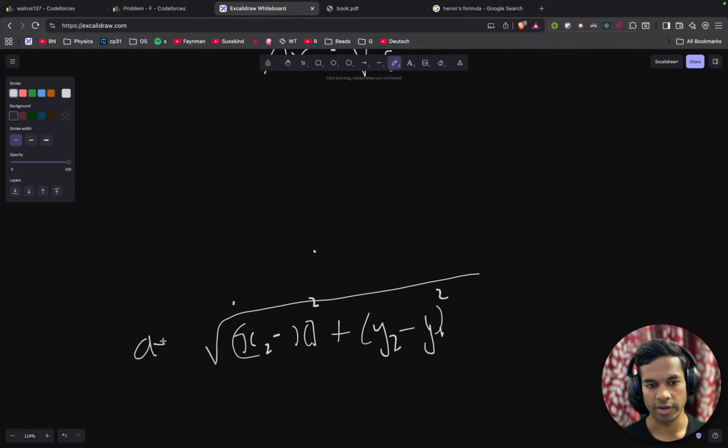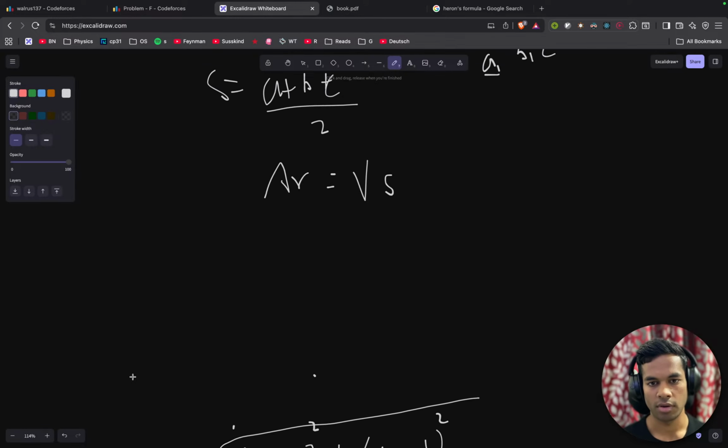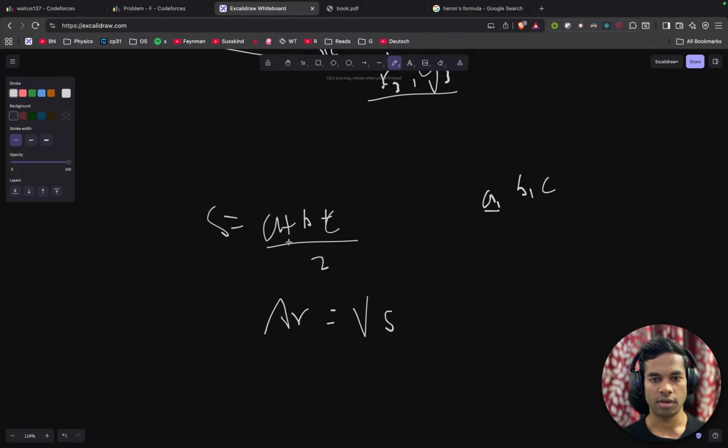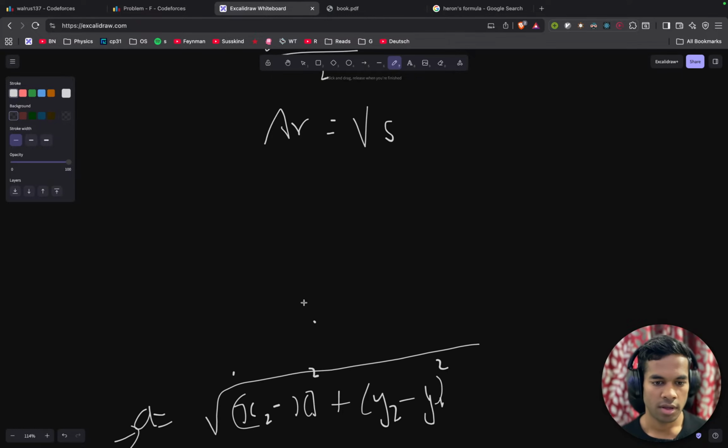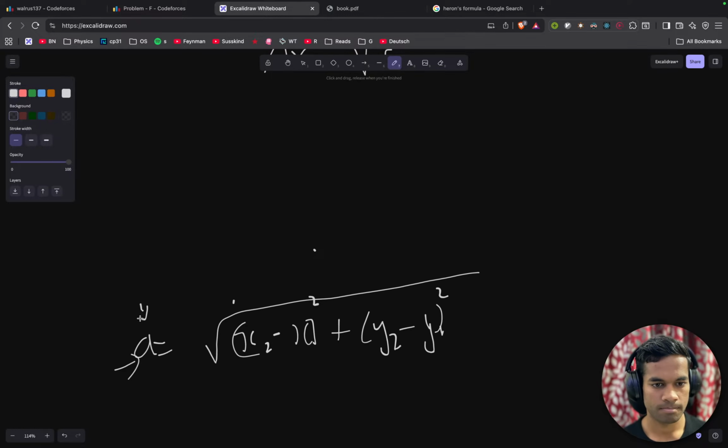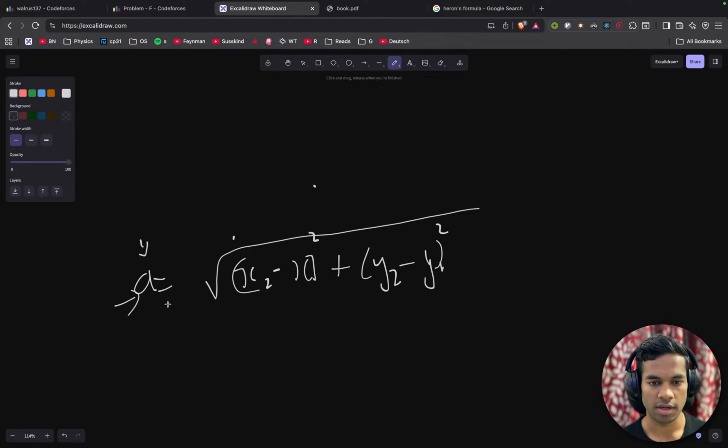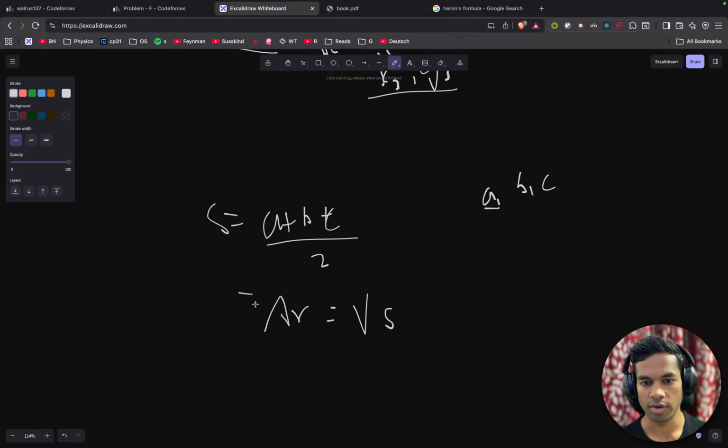That is one side. We have to do this for all of these sides, A, B and C, and then put them into Heron's formula. S minus A, S minus B, S minus C.